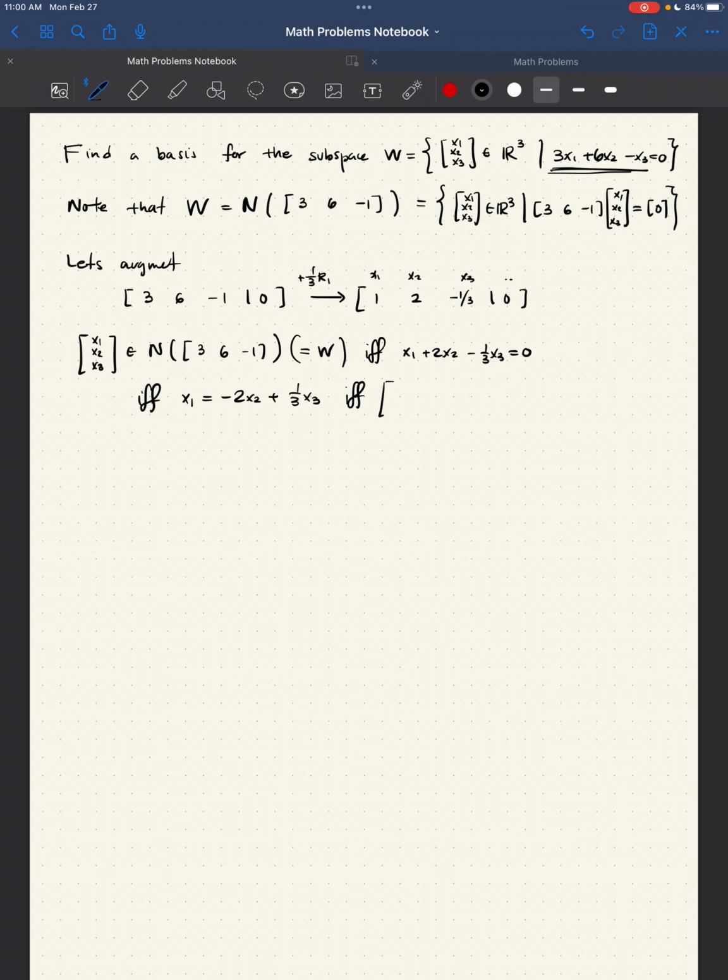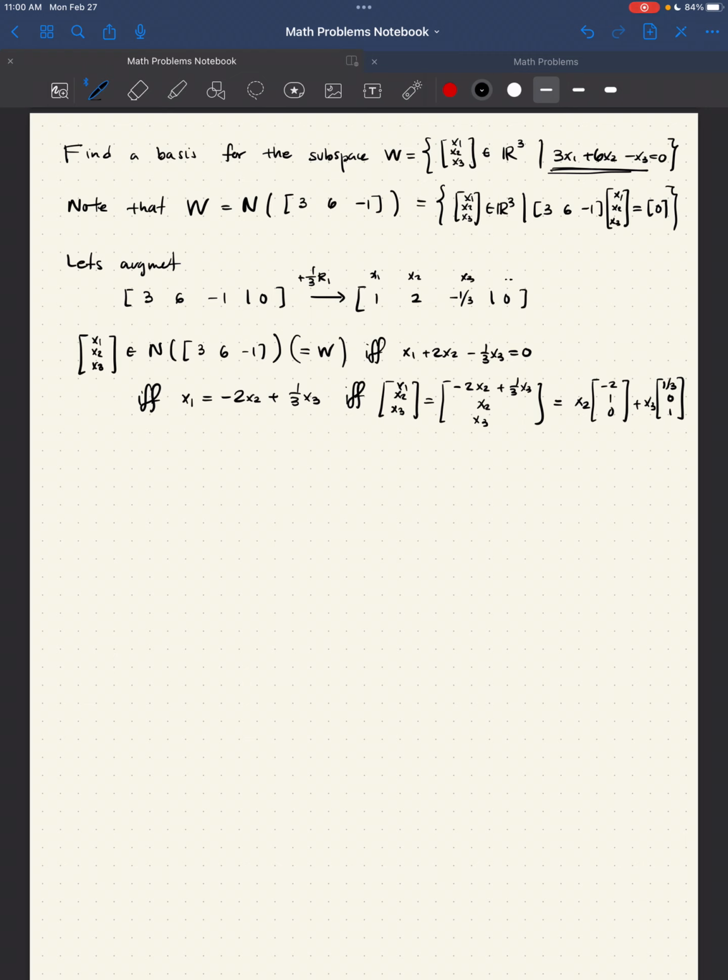Using vector notation, x1, x2, x3 is equal to -2x2 plus 1/3 of x3, x2, x3, which we can decompose as x2 times -2, 1, 0, plus x3 times 1/3, 0, 1.